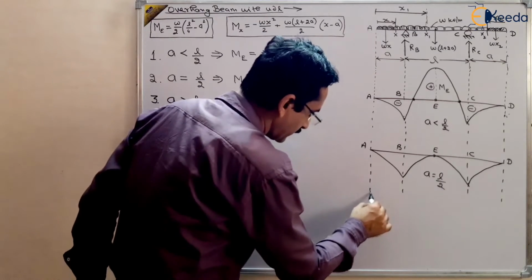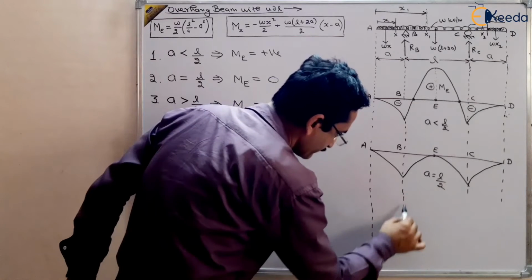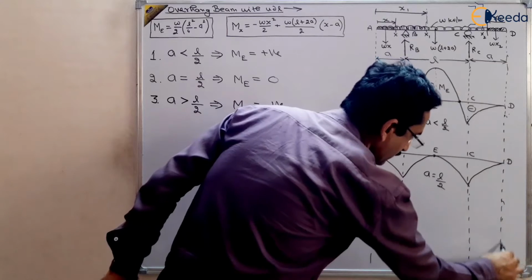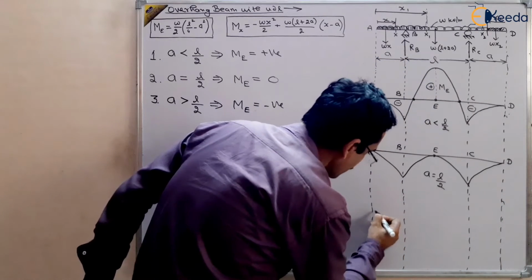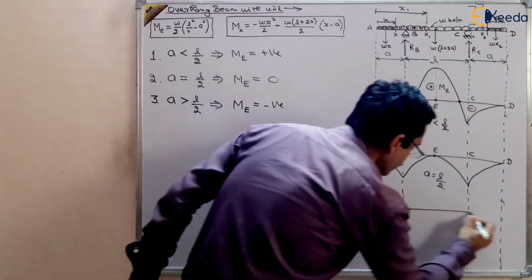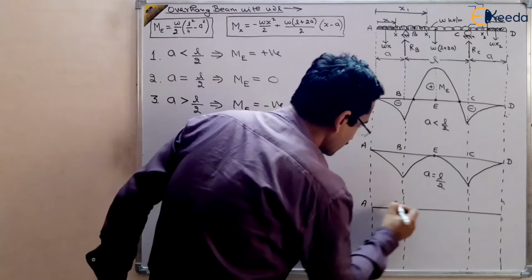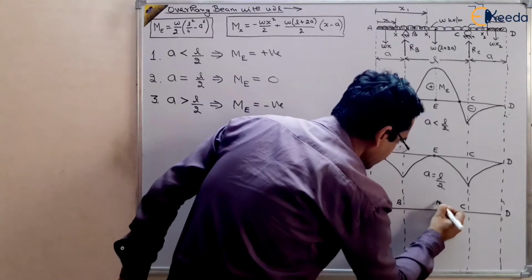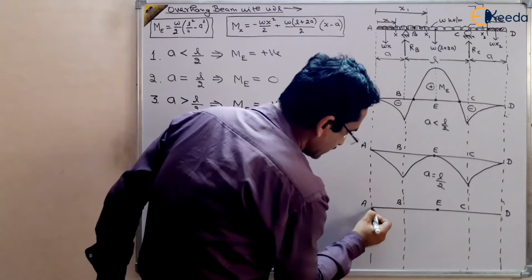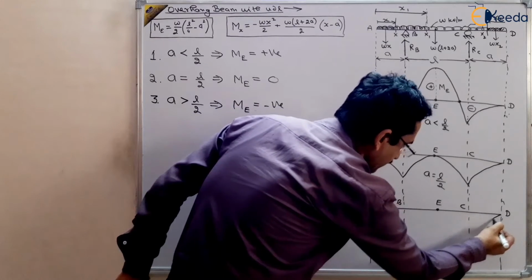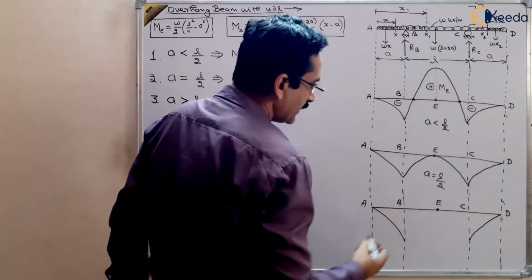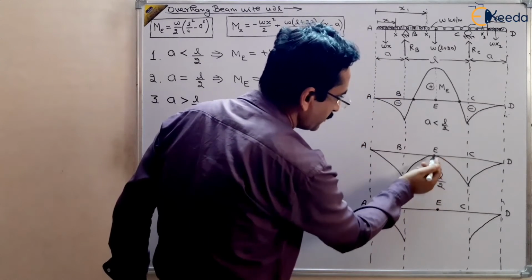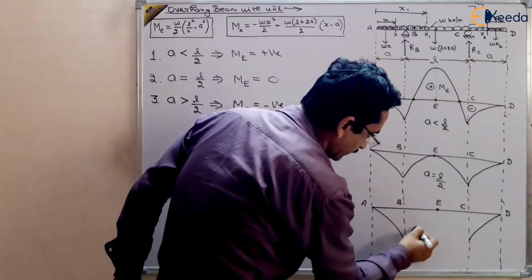So if we draw it, you will get this is our beam A, B, C, D, and this is the center E, and this parabolic curve will always be there, and then the bending moment will remain negative at point E. That is, the curve will be like this.